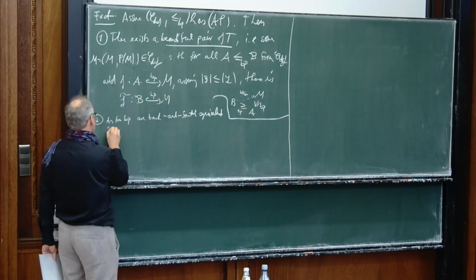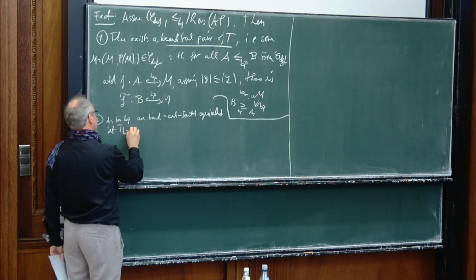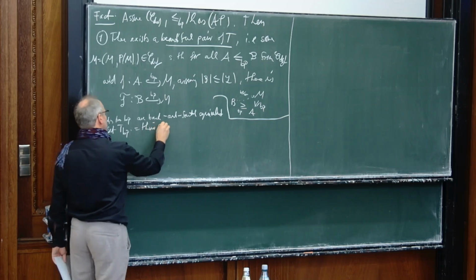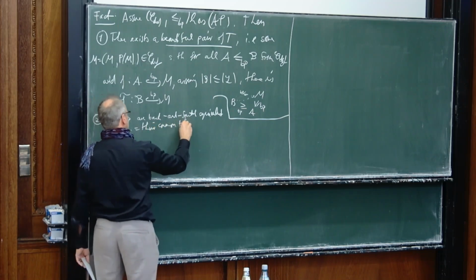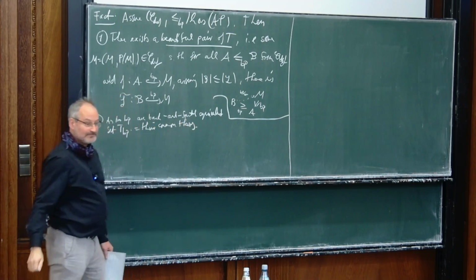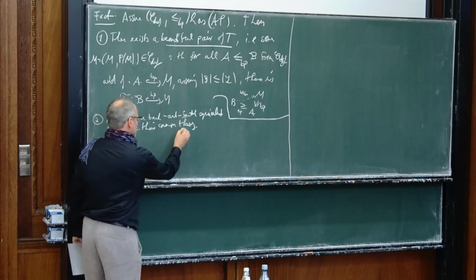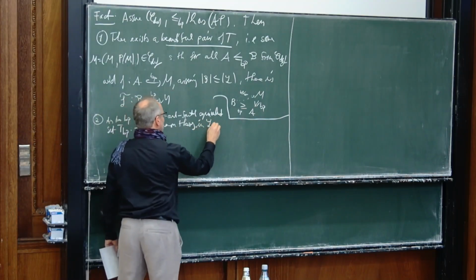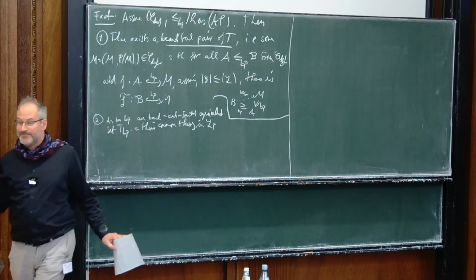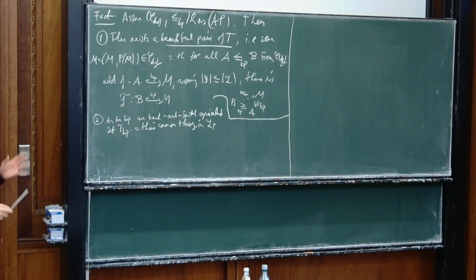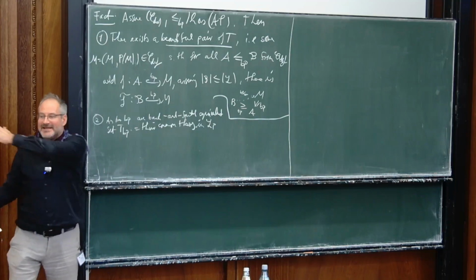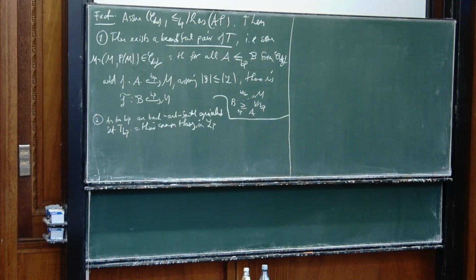So set TBP, their common theory. It's a complete theory in L_P, in this new language. So I have a complete theory of beautiful pairs. Good. And somehow this encodes everything I need to ever know about definable types in T.